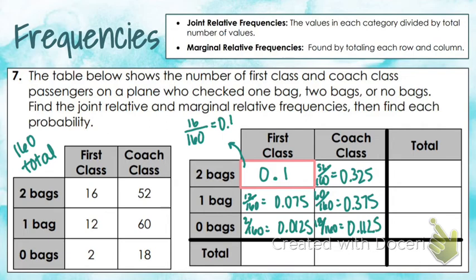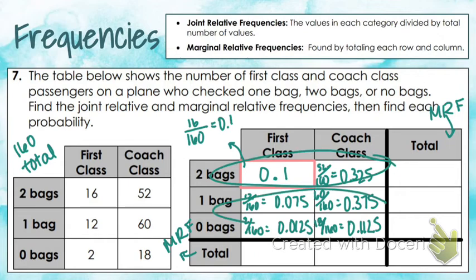Now, to find these total columns, this column and this row are both marginal relative frequencies. And all that means is when you combine multiple frequencies. So we're going to add these two together to get that. So 0.1 plus 0.325 gives us 0.425.